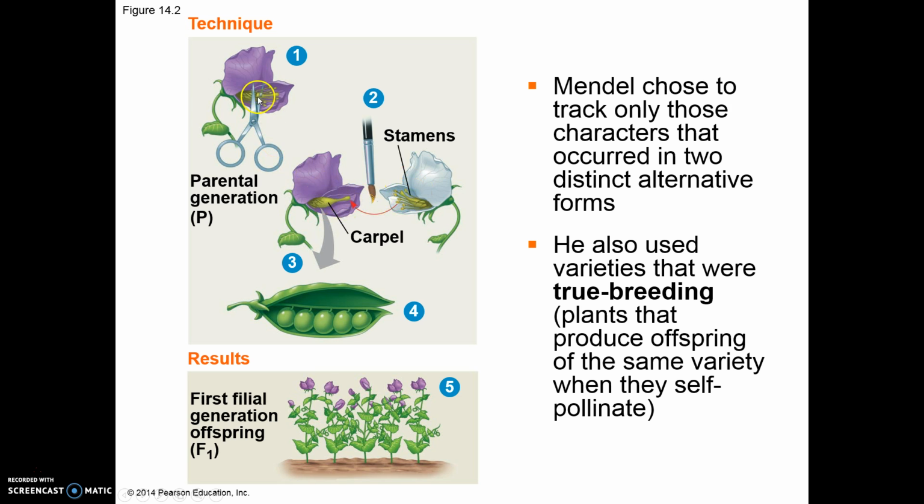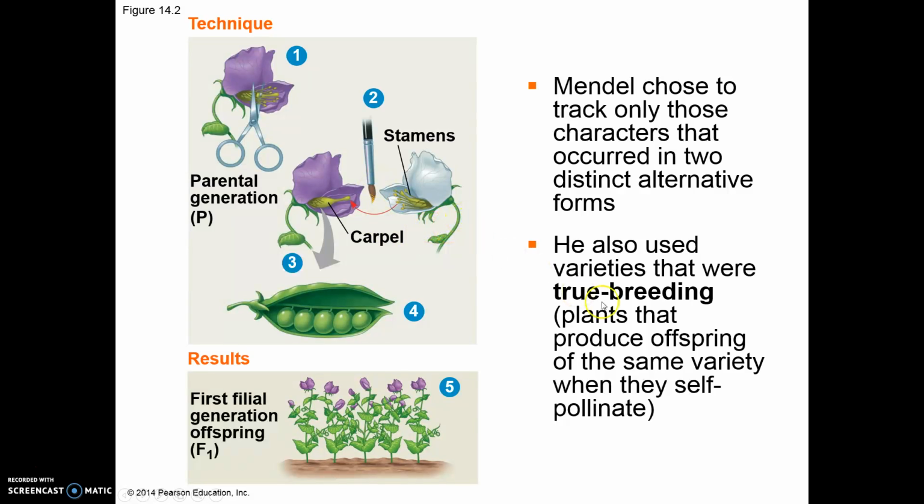So consequently, if you went in to the parent plant and before the flower had fully developed, you cut off all these stamens, you would not release the pollen. Consequently, you could take a paintbrush, go to a plant that did have stamens, pick up the pollen and transfer it directly, and in this way you can control breeding.